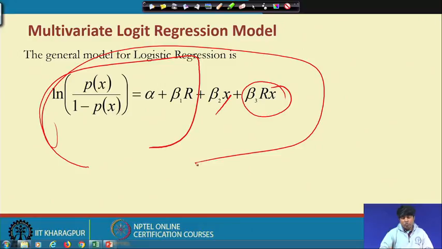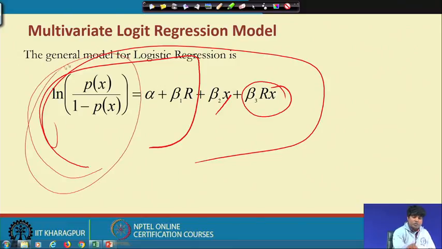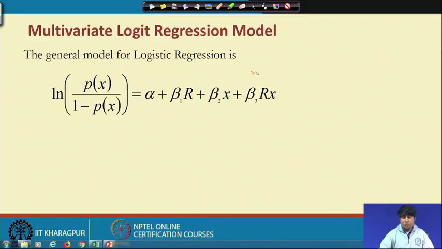It is not an issue, and the structure is more or less the same. The only difference is the right-hand side part. Whatever dependent variable information you have will be converted into this particular format. Then the estimation process is more or less the same, and while interpreting you have to take care of the structure of the odds ratio.